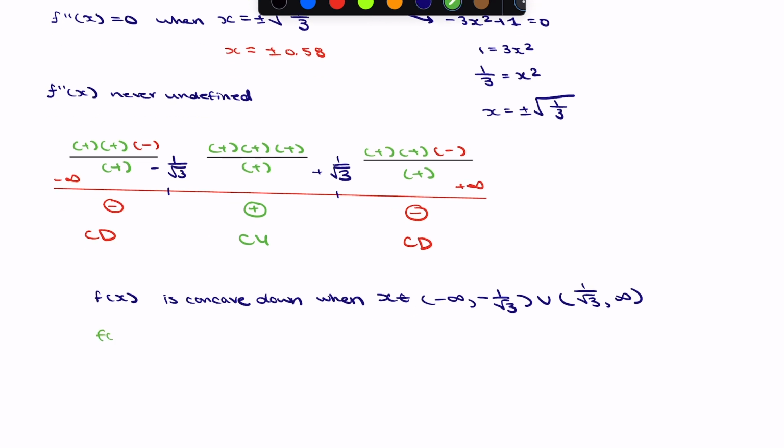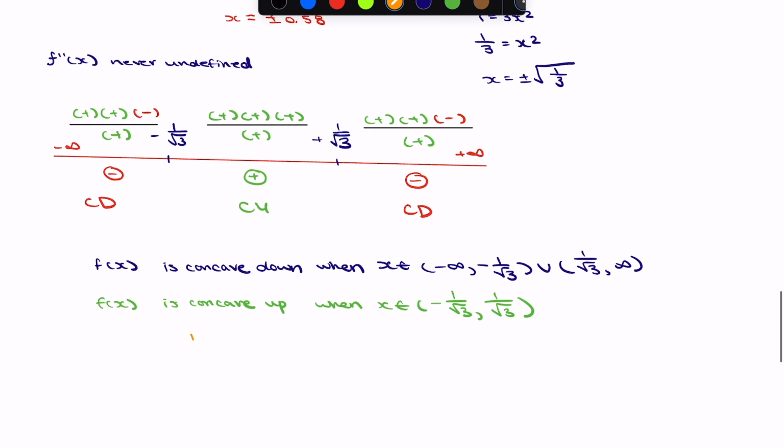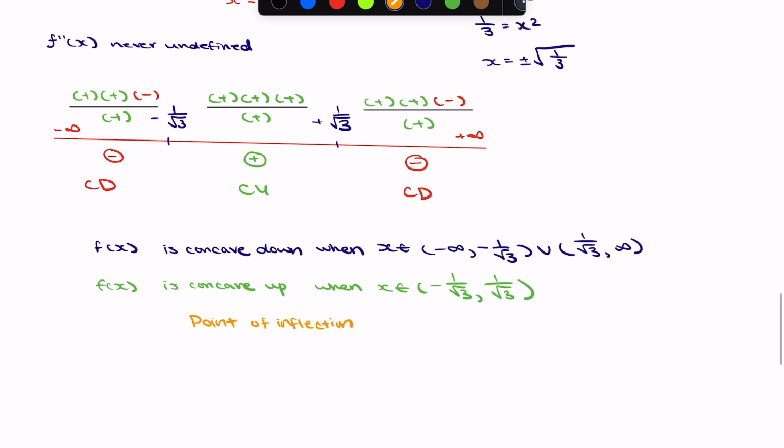And then f of x is concave up when x is between negative 1 over square root 3 and 1 over square root 3. That means that there are points of inflection at x is equal to negative 1 over square root 3 and x is equal to positive 1 over square root 3.